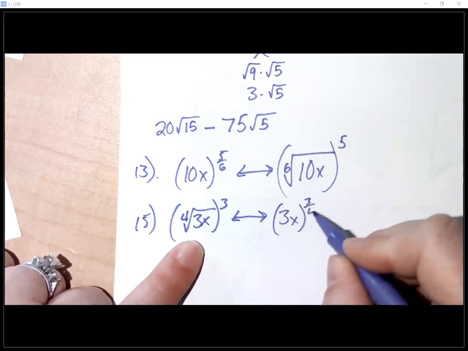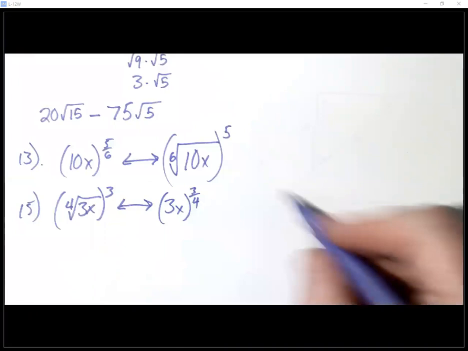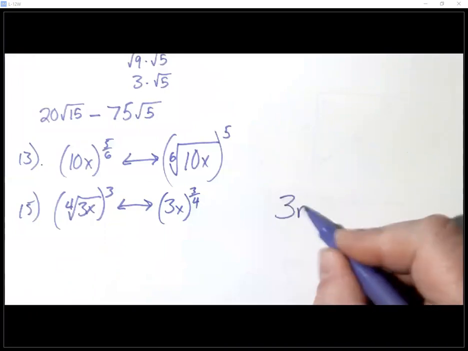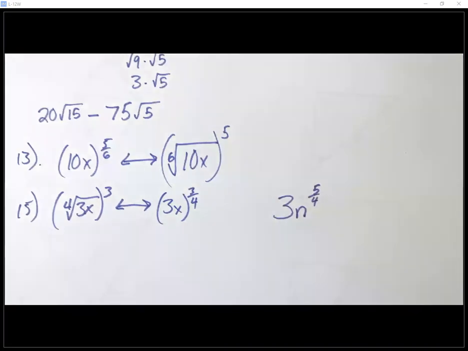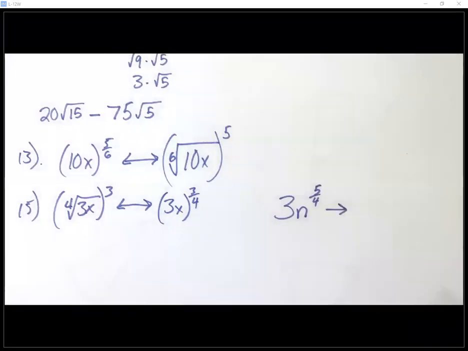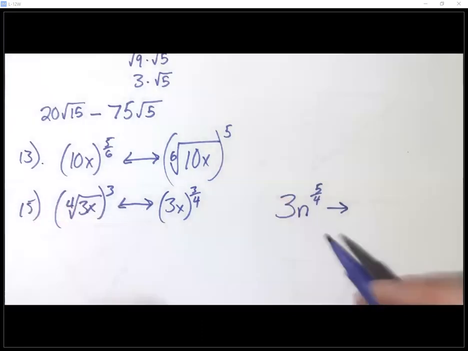Wait, on number 14, if there was a number before the n, would that have to be in parentheses then? No, good question. Let's make one up. If I had 3n to the 5/4, and you had to convert that into radical form, you have to ask yourself the question, is the 3 being raised to any exponent? The 3 is not, it's only the n that's being raised to the 5/4.